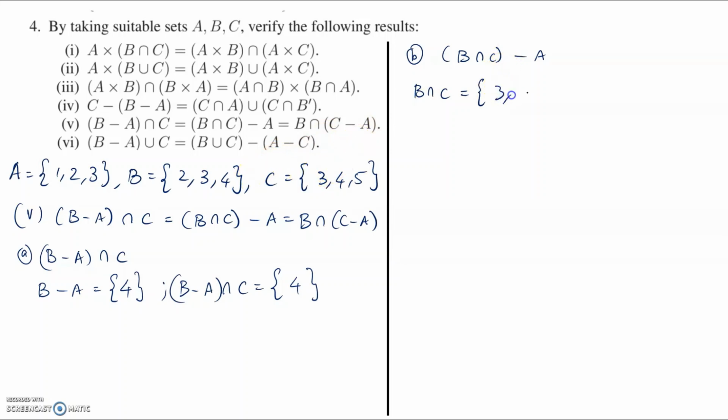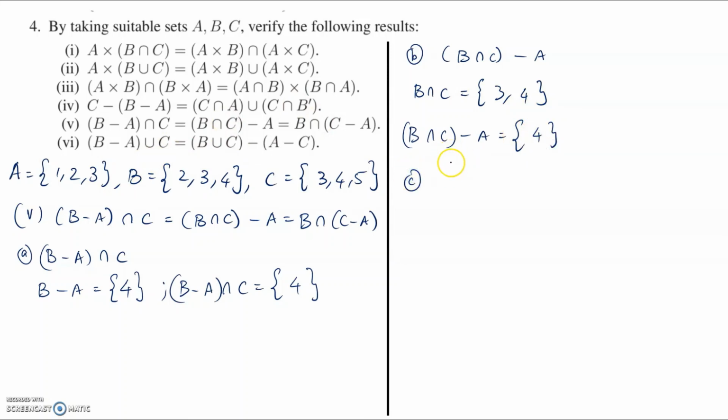It's 3 and 4. Then B intersection C minus A will be the items that are in B intersection C but not in A. So 3 is in A, so remove 3, so you are left with 4.